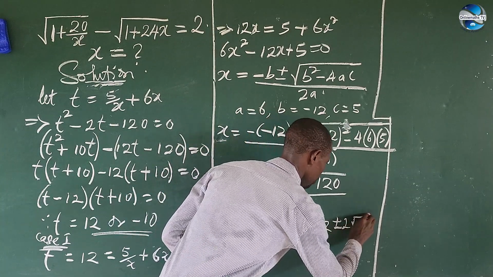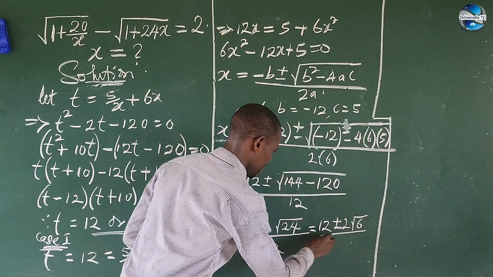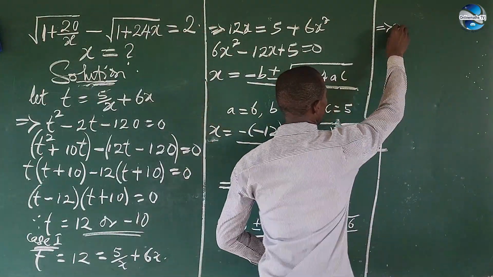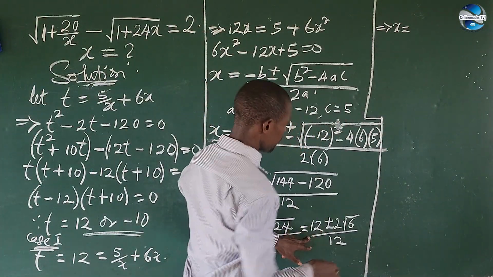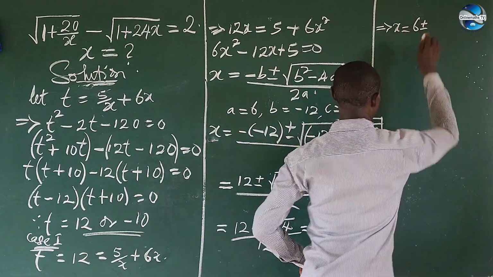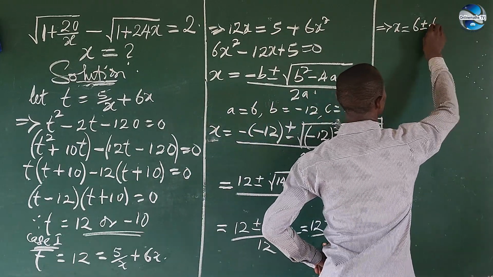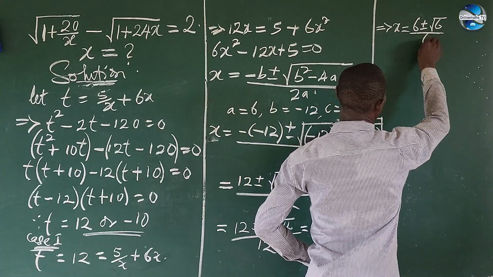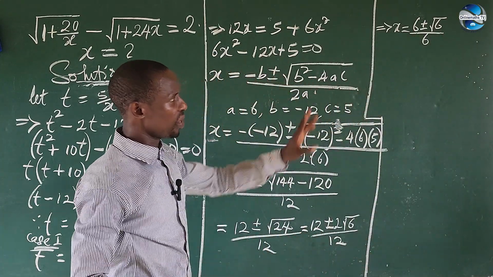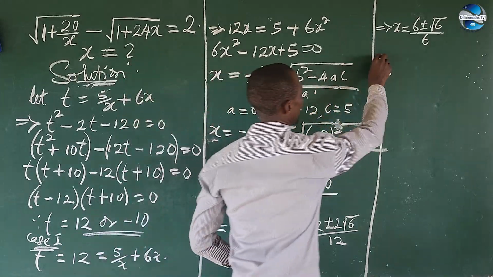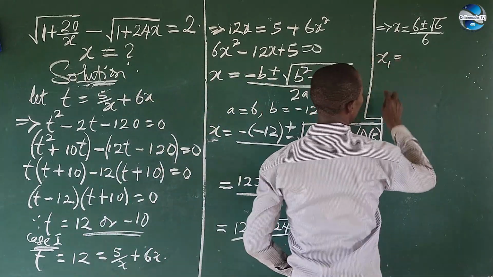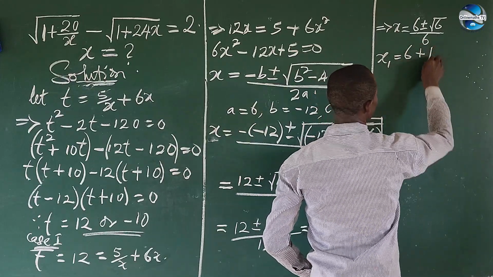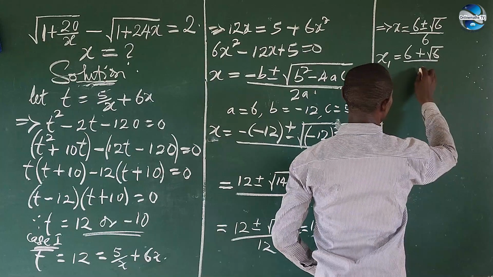So we have 2 into the square root of 6 all over 12. So we can factor out 2 from here. This now implies x equals 6 plus or minus root 6 all over 6. Okay, so we have 2 solutions from here now. So x1 is equal to, we can break this down to give us 6 plus root 6 all over 6.